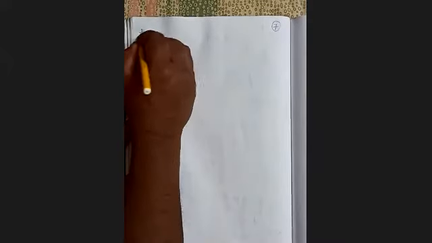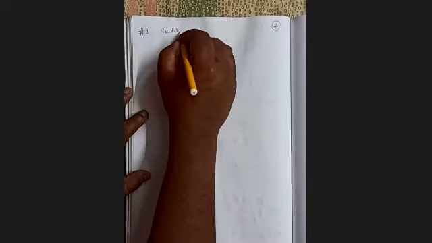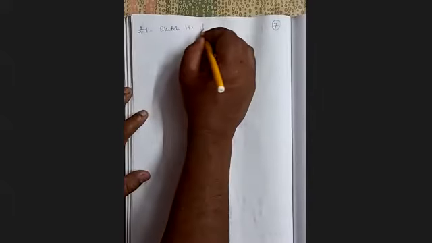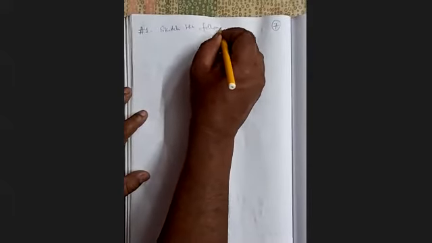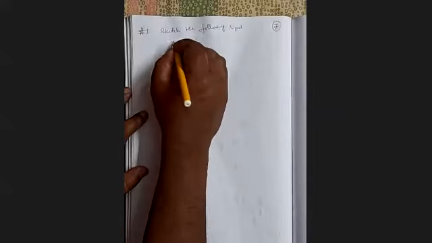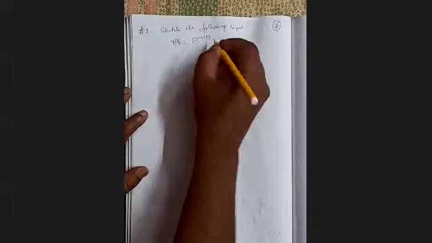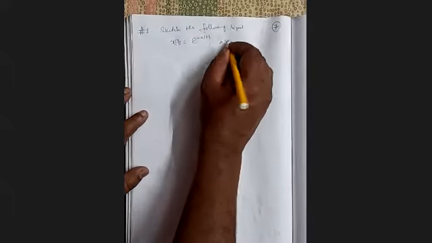So our problem: sketch the following signal x(t) equal to e to the power minus a mod t, where a is greater than 0.